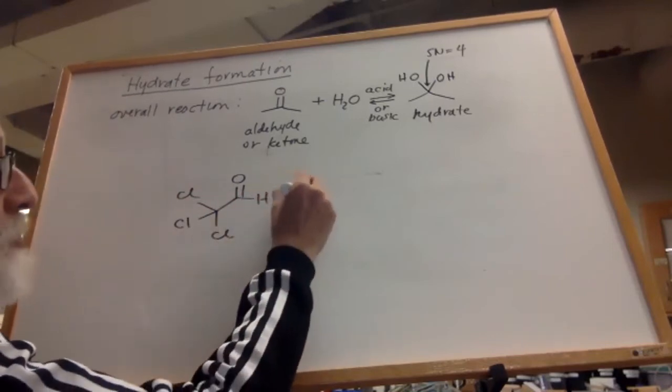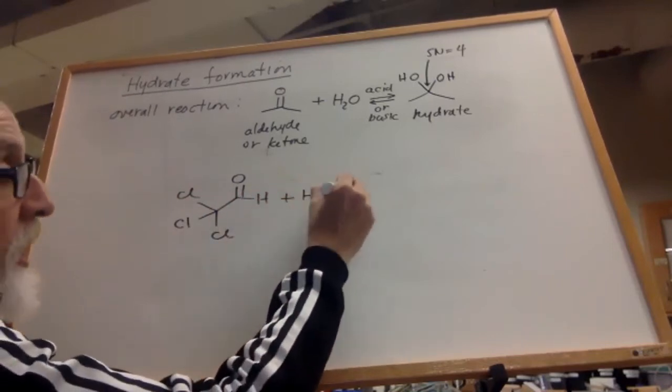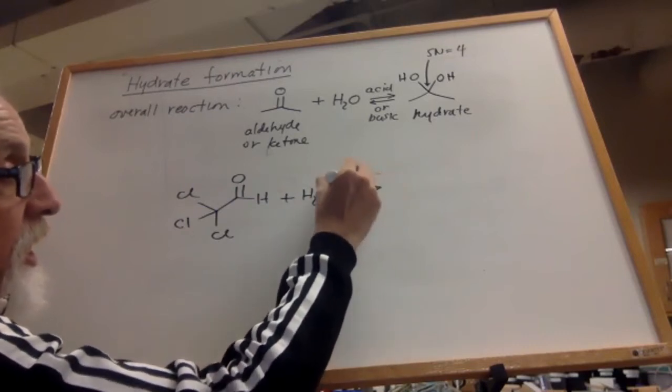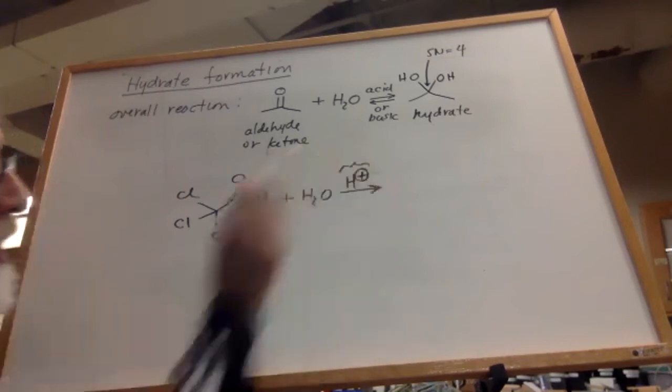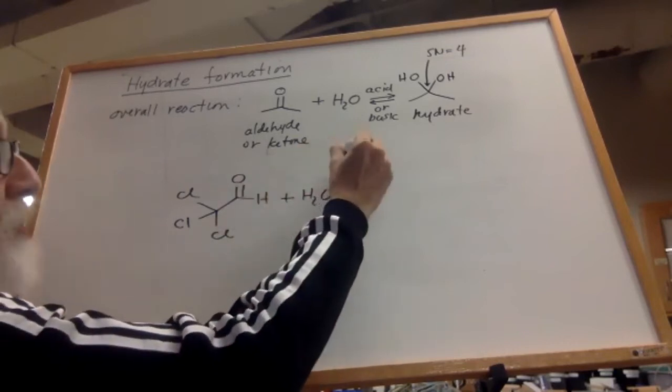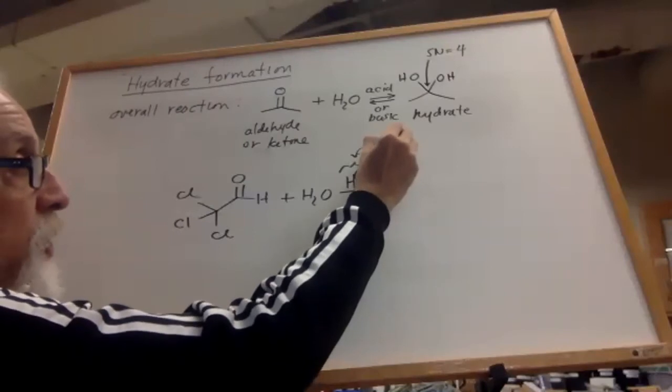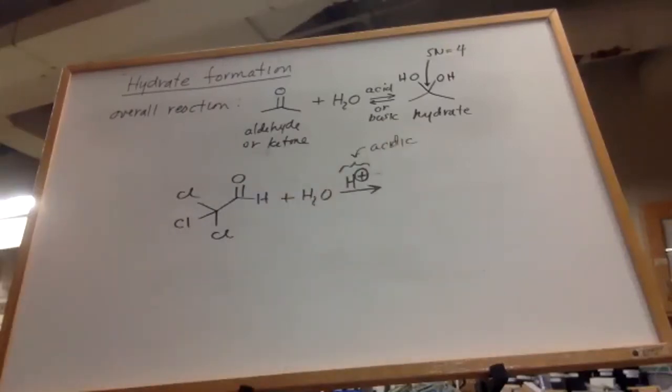That guy plus water, and let's say it's acidic conditions, right? This H plus, whenever you see this above the arrow, this means acidic conditions. Draw the structure of the product.